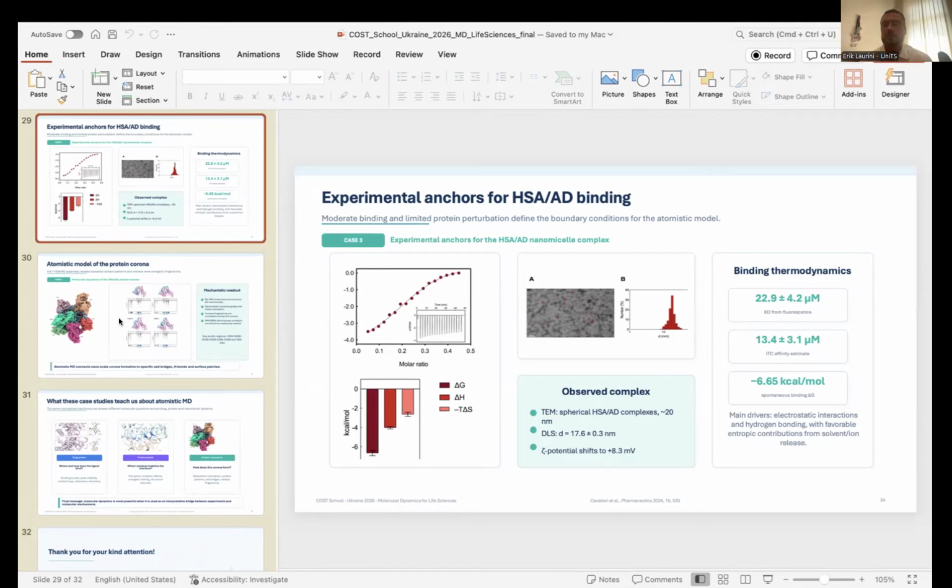So we simulated three different situations, built from the combination of the calorimetric, TEM and DLS information. What we see at the end of the simulation is that the most robust, most probable system was composed of 6 HSA and 1 nanovector. And this defines the initial structure. I hope that I answered your question.